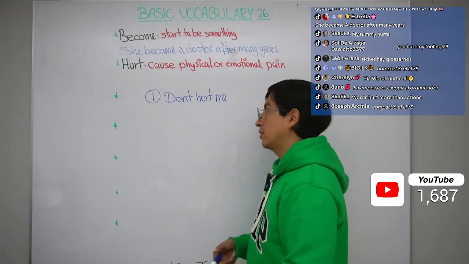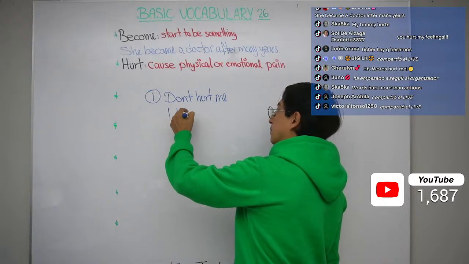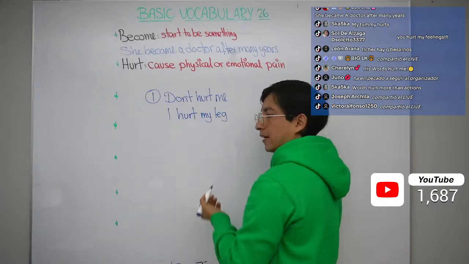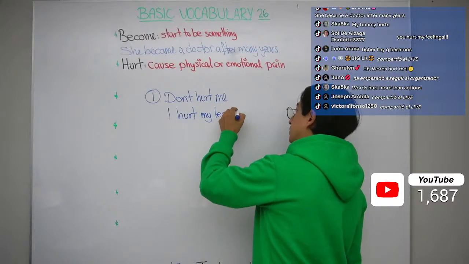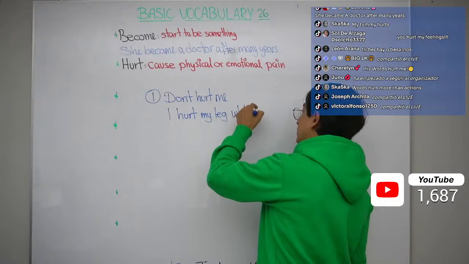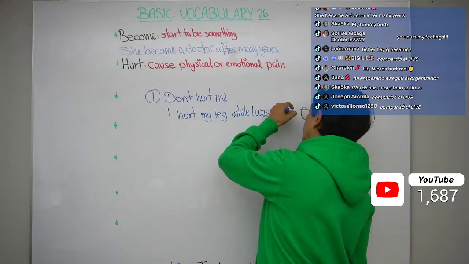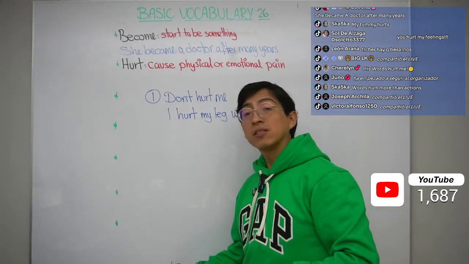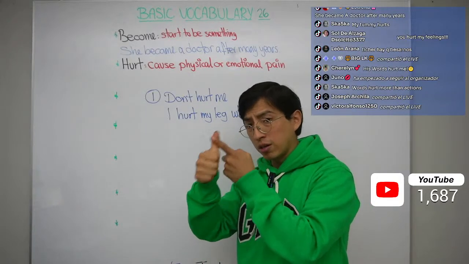Now, the next one. I hurt my leg. Okay, I hurt my leg while running. While I was running. Nice. Hurt is very curious because it has the same form in base form, hurt.